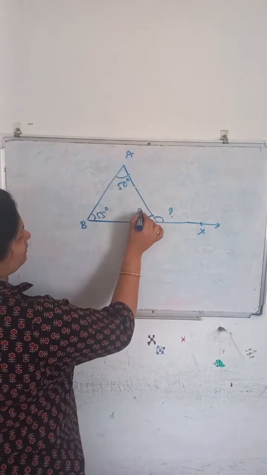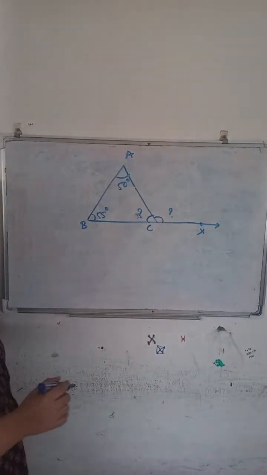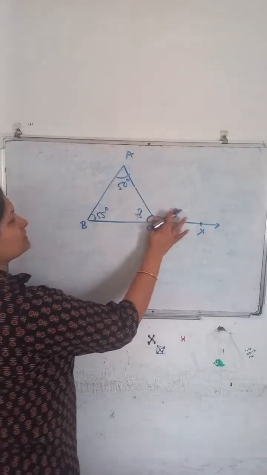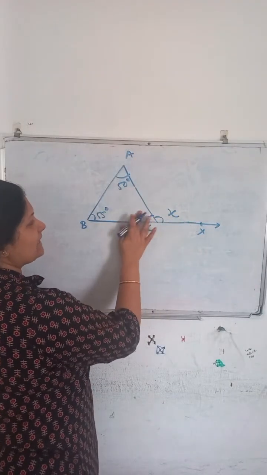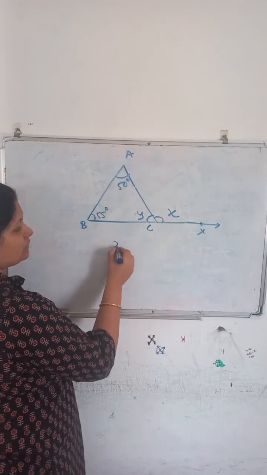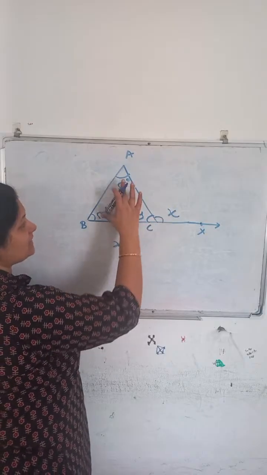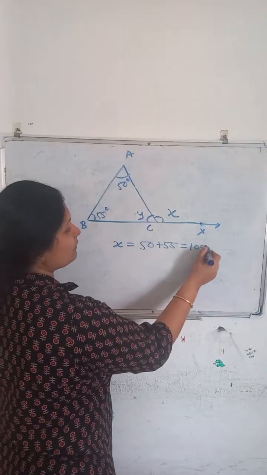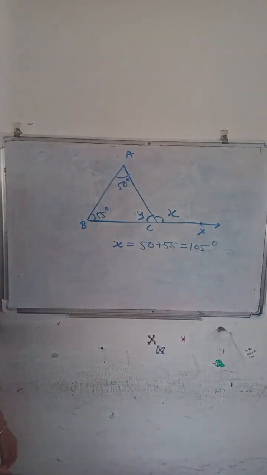Easy, no? We have the exterior angle sum property. Suppose I take this angle as x and this as y. So can I write x is the sum of these two angles, 50 plus 55, that is equal to 105? Getting this?